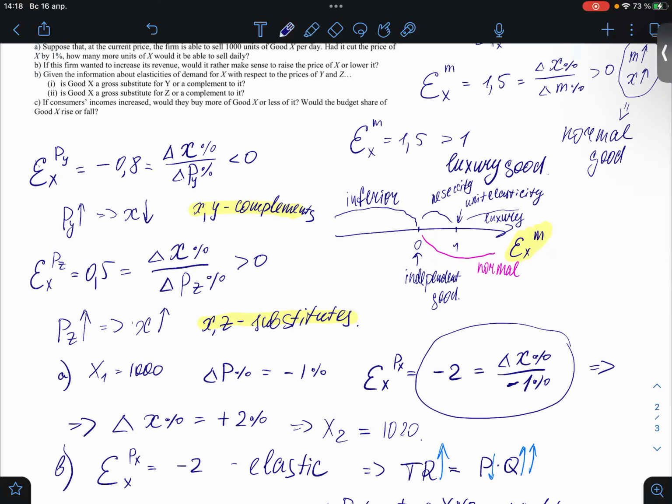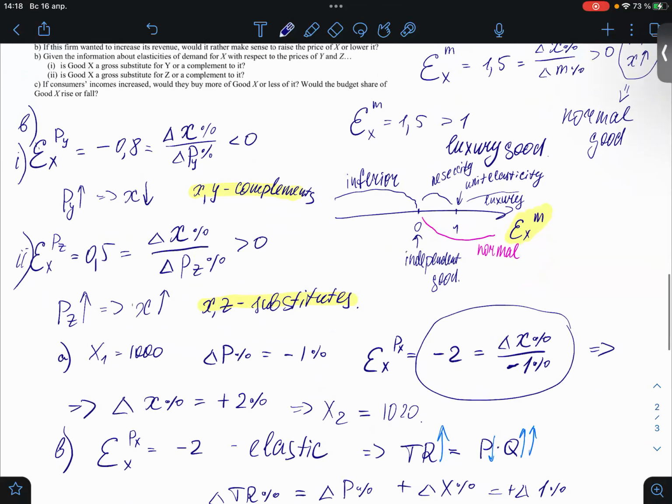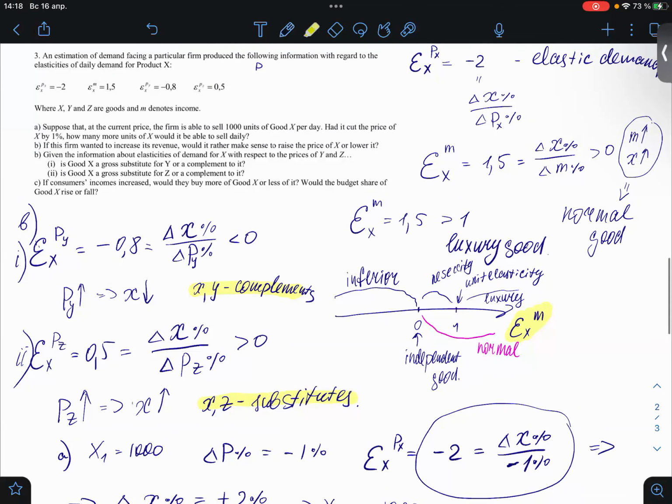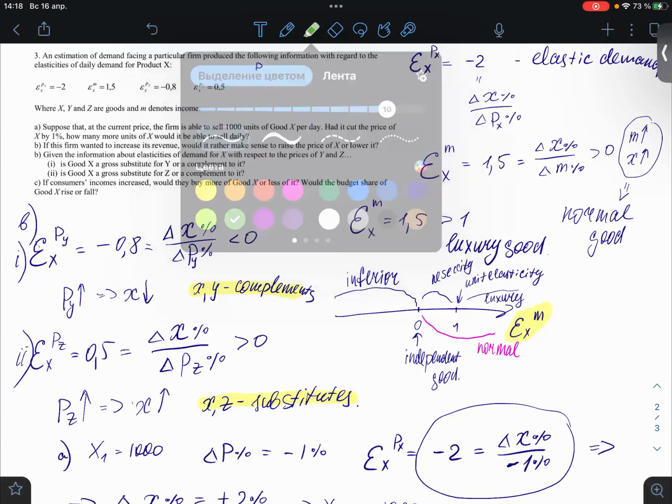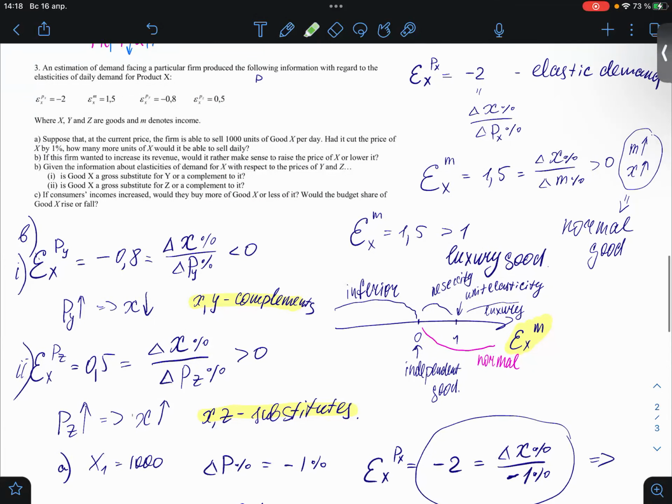It was point C. Now the second part. If consumers' incomes increased, would they buy more of good X or less of it? We answered this. They will buy more of good X, and we call such a good a normal good.